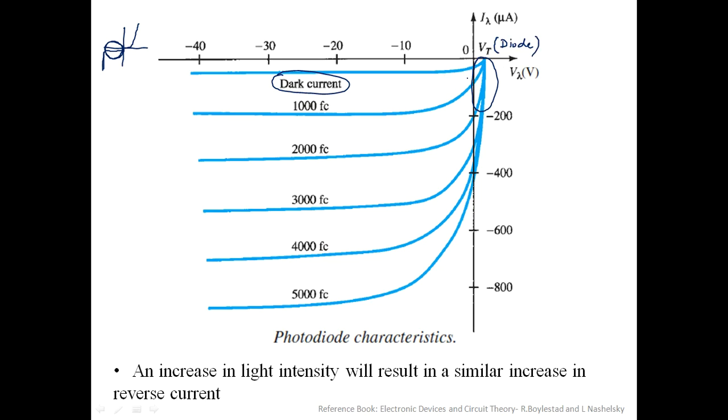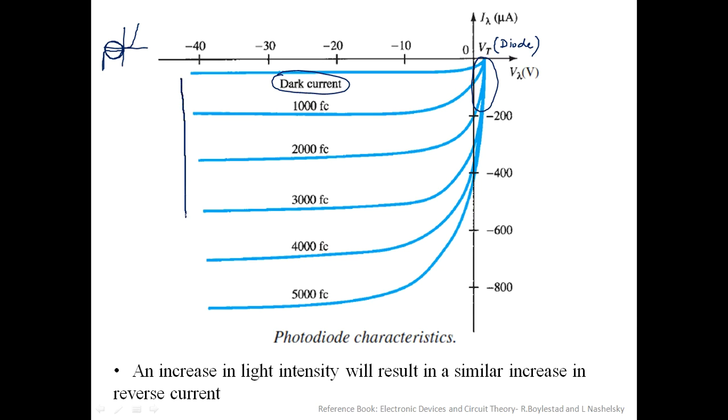Okay. So, all right. Now, as the light energy increases, as the number of photons are increased, more and more minority carriers will be generated. That results in more and more current. Okay.